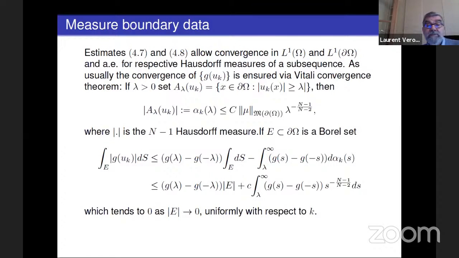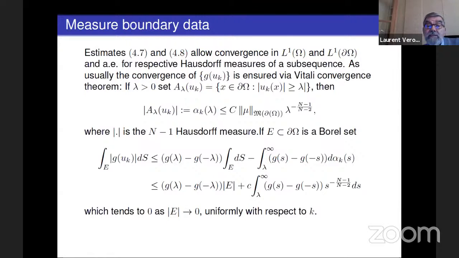You take a small set, a boundary set, a Borel set E, and then you write like this: the integral of g of uk is bounded by g of lambda minus g of minus lambda times the measure of E, minus the integral of g of s minus g of minus s with respect to the measure d alpha.